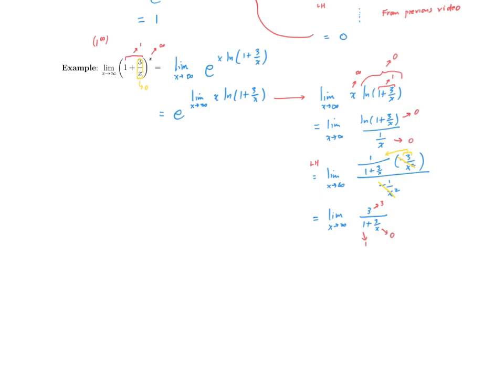You are more than welcome to break this up using limit laws, but as long as you've indicated what each term is approaching using arrows, as we've done above, it's perfectly reasonable at this point in the problem to write this as 3 over 1 plus 0, which is equal to 3. Now that we've evaluated the limit of the exponent that we had above, we can bring that back and see the value of our limit, e raised to the third power.